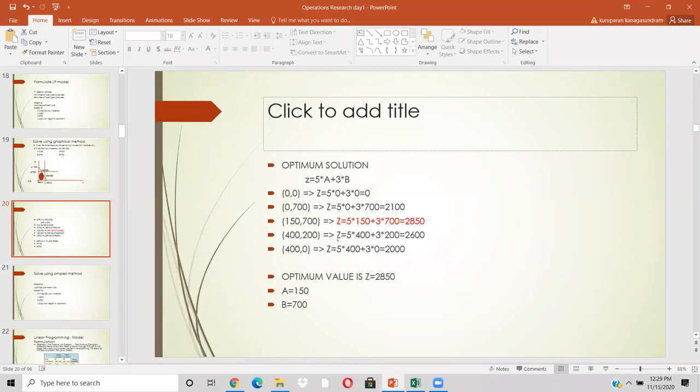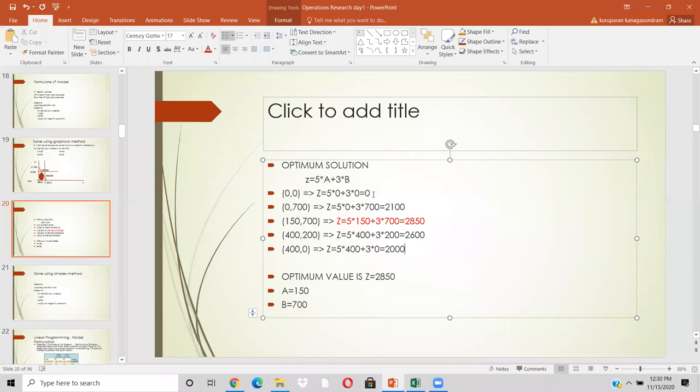Similarly, for 400, 200, here A is equal to 400 and B is equal to 200. Among this set 0, 2100, 2850, 2600 and 2000, which should I choose, the maximum amount or minimum amount? I have to choose the maximum amount.